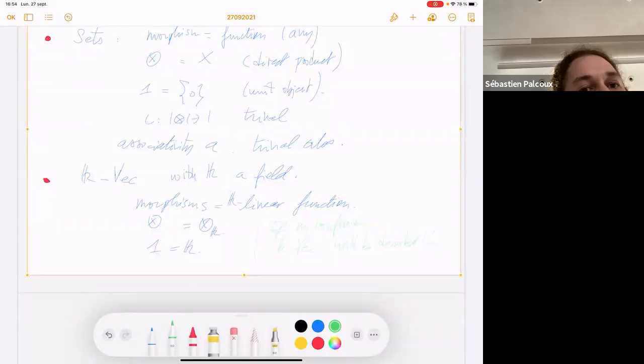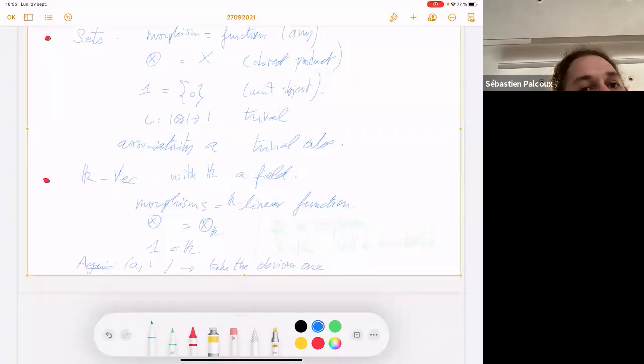And again, A and iota are trivial, obvious ones.